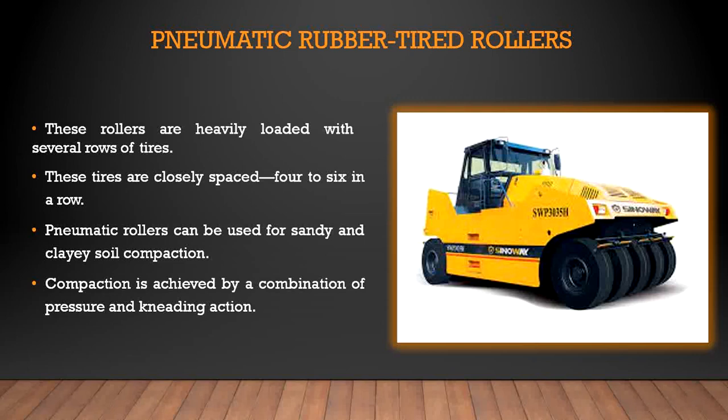The number of passes required is similar to that with the smooth wheel rollers, that is 8 passes to achieve the equivalent of standard Proctor compaction. So this type is suitable for compacting most types of soil and has particular advantages with the wet cohesive materials.